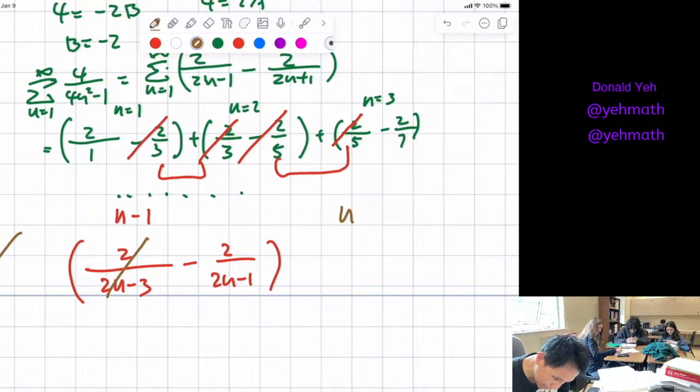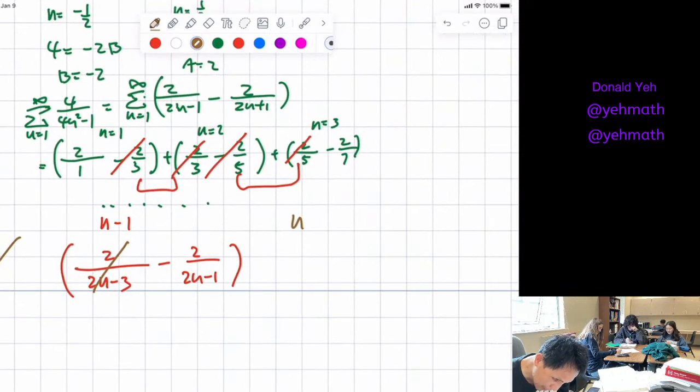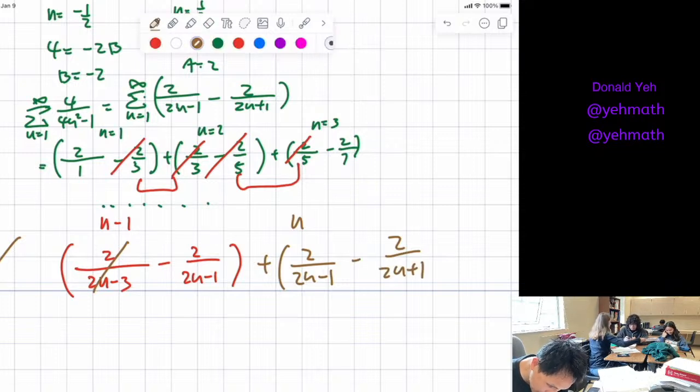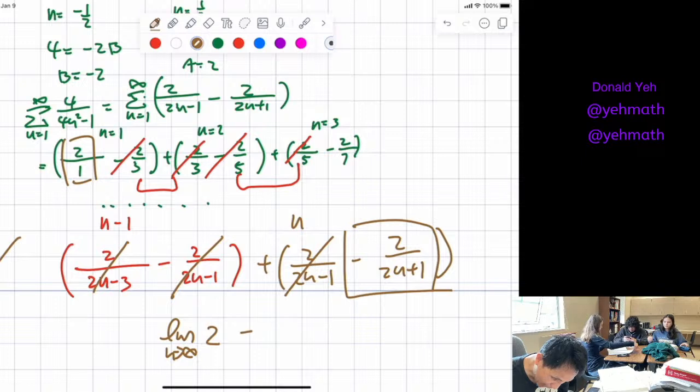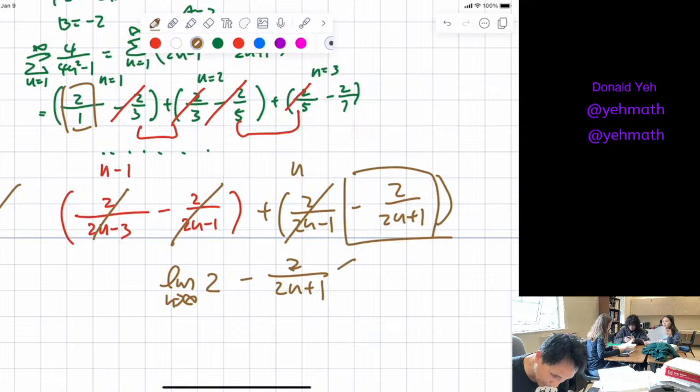We already know the n term: 2 over 2n minus 1 minus 2 over 2n plus 1. So this term cancels out, right? Is that okay? Now what happened? You have this term and this term. So the limit as n approaches infinity of 2 minus 2 over 2n plus 1. But this one becomes insignificant, so that is equal to 2.